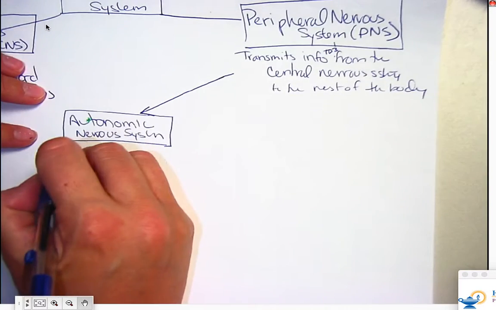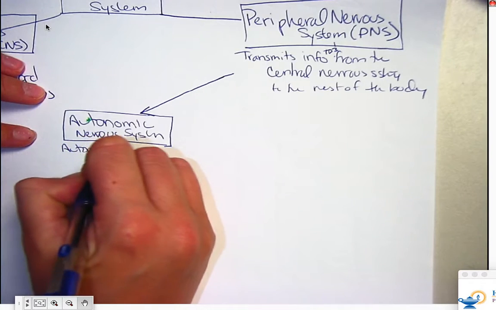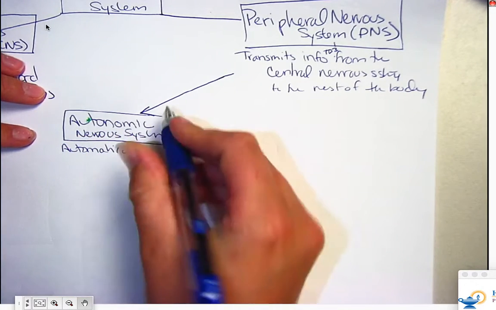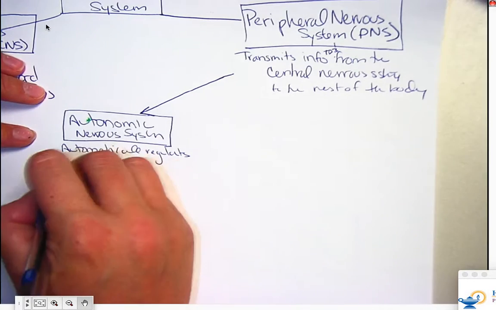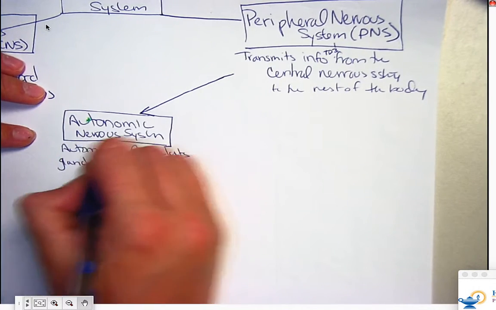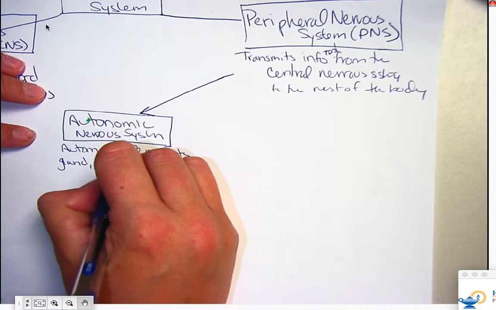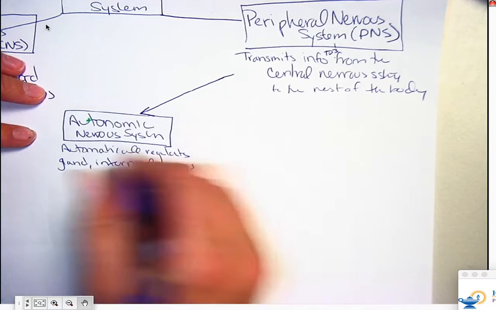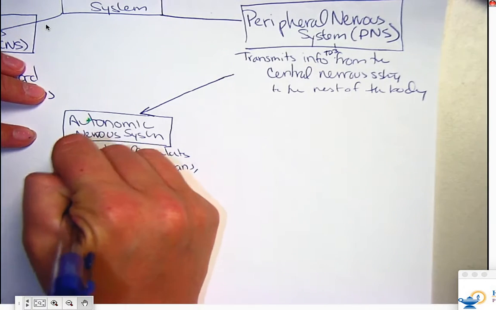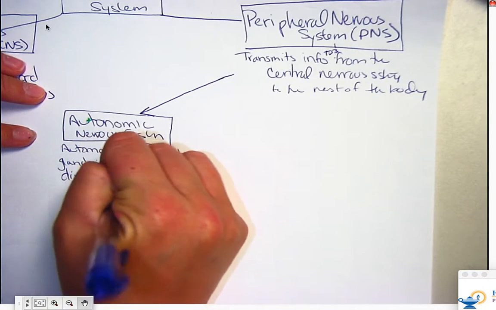This automatically regulates glands, internal organs, digestion, and blood pressure.